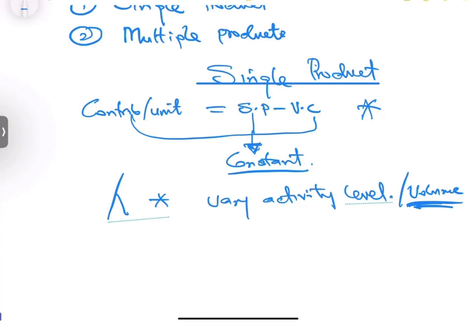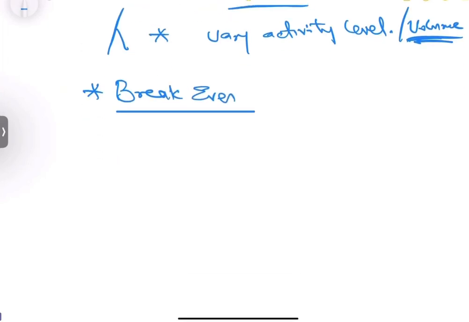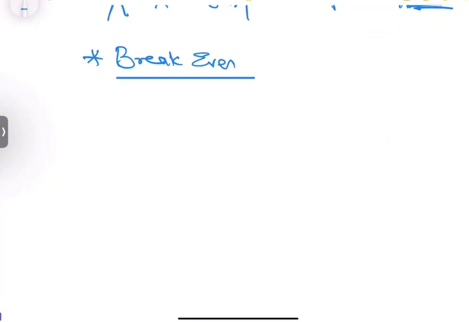Okay, so we'll be working a lot on varying activity level. And that's why I started from that introduction on why we're looking at this particular CVP. So the first thing we want to do is how many units do we need to sell to break even? Our first question. For a single product, how do we calculate the number of units to sell to break even?